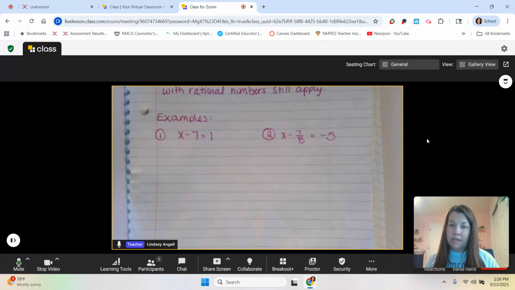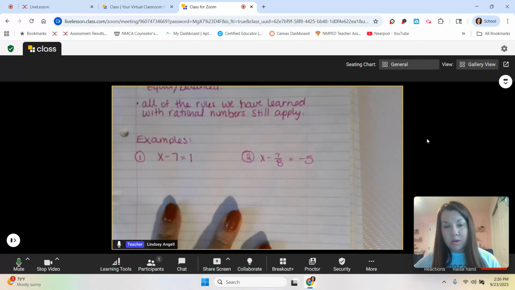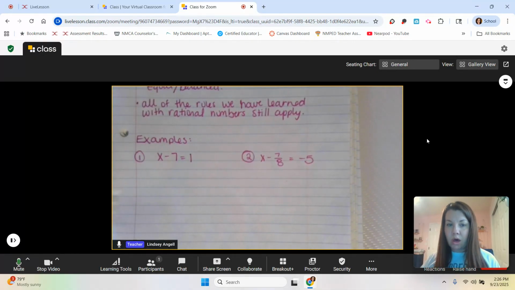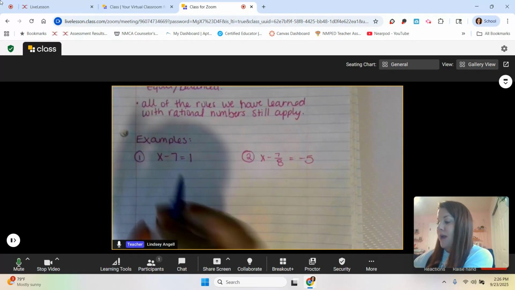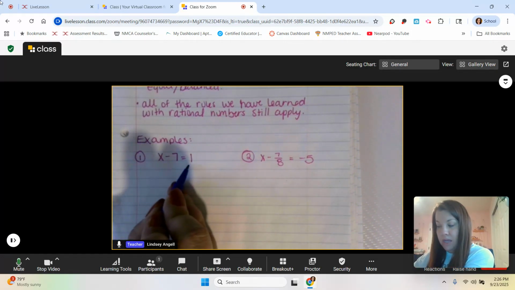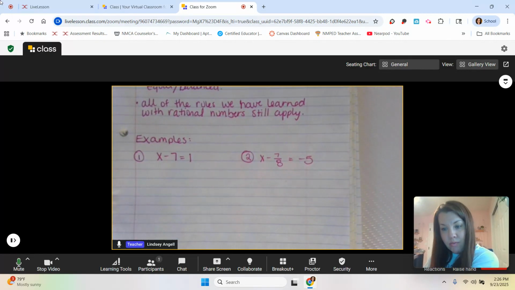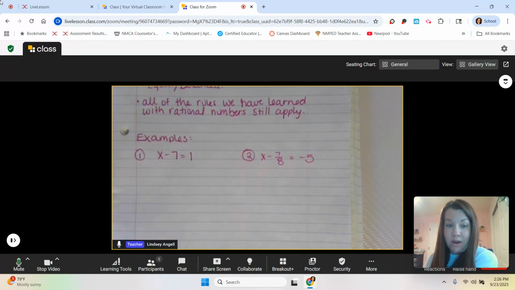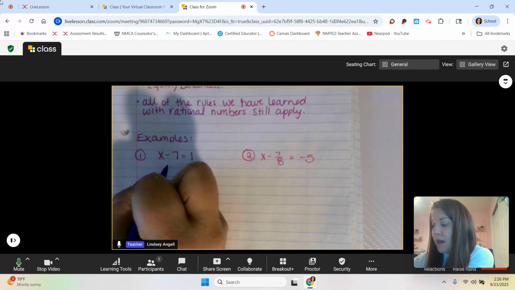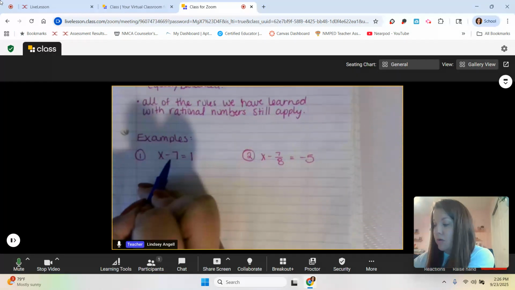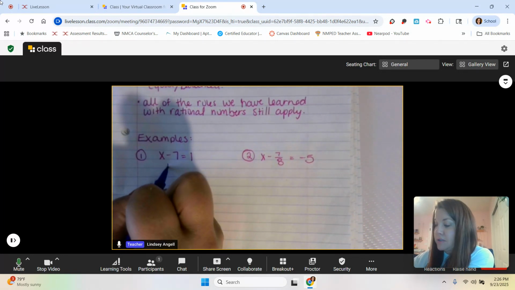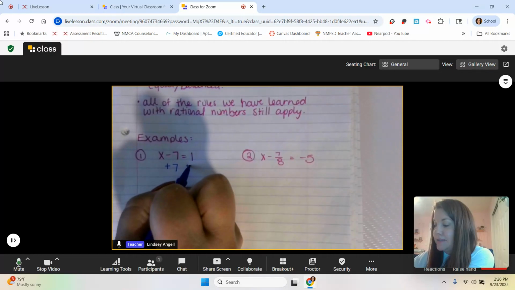Number one, also when you solve equations, you always do the opposite operation from what you see in the problem. So for this one here, I have subtraction, right? X minus 7 equals 1. In order to get rid of the subtraction or to get the variable by itself, I need to do the opposite from what I see. So right now I'm subtracting 7, so to get rid of it, I'm going to add 7.